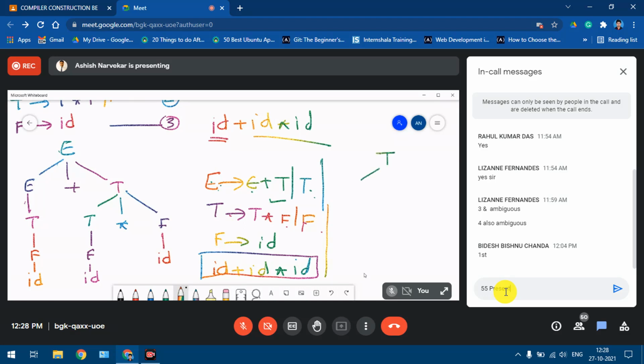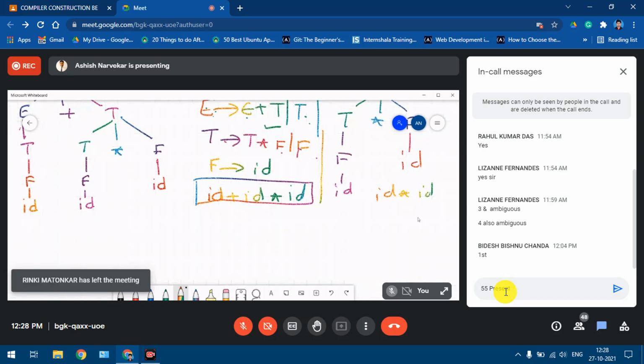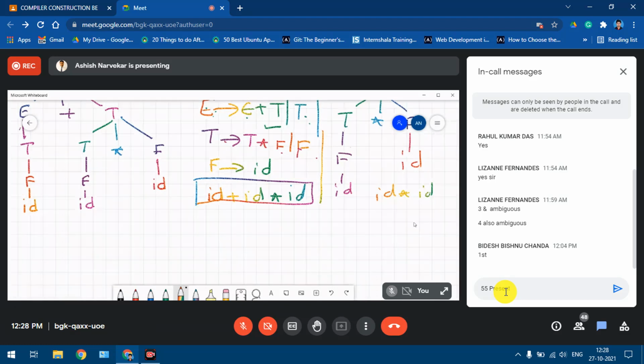Can we choose this production T star F? This will give us id, this will give us id, and we end up with just id star id. That implies this grammar will generate just a single parse tree for this string.